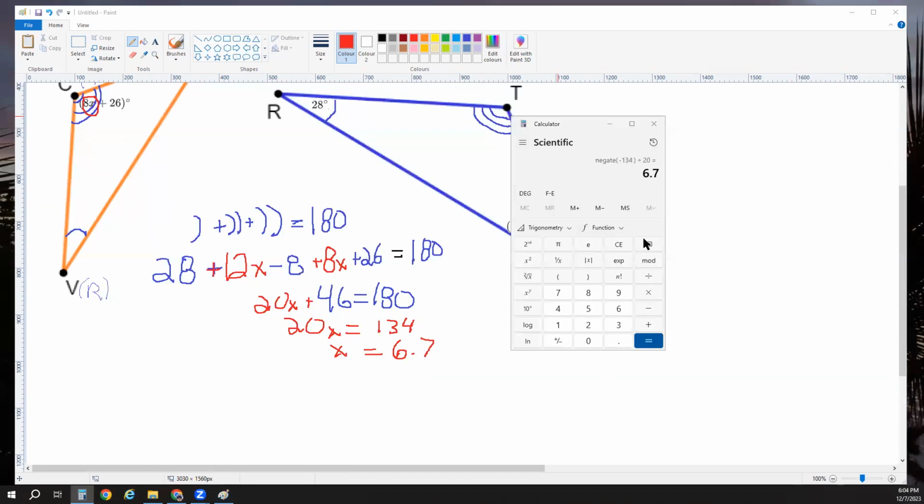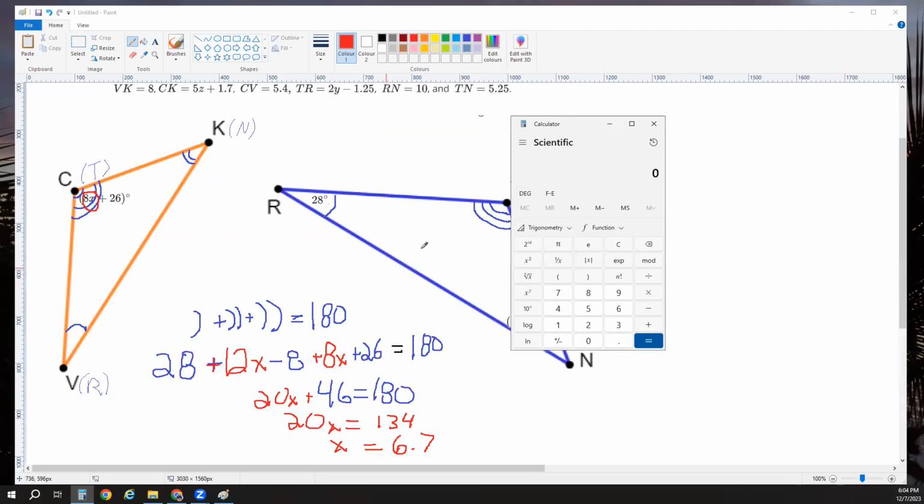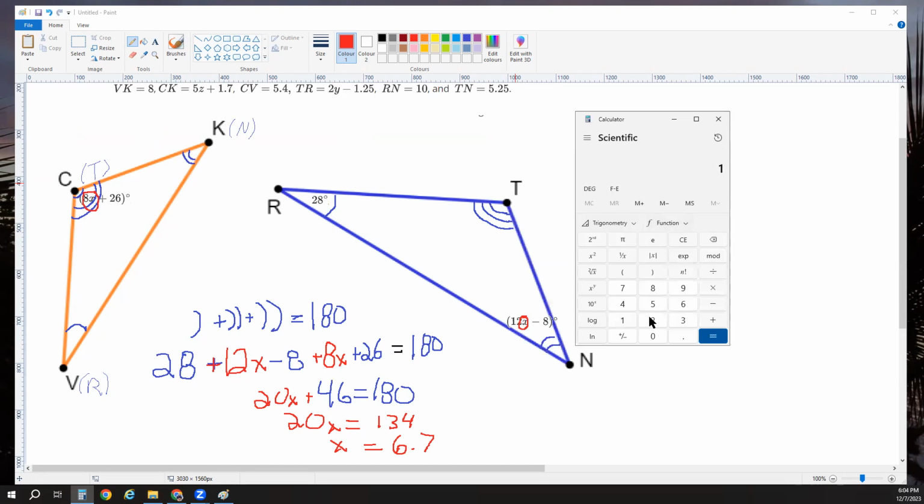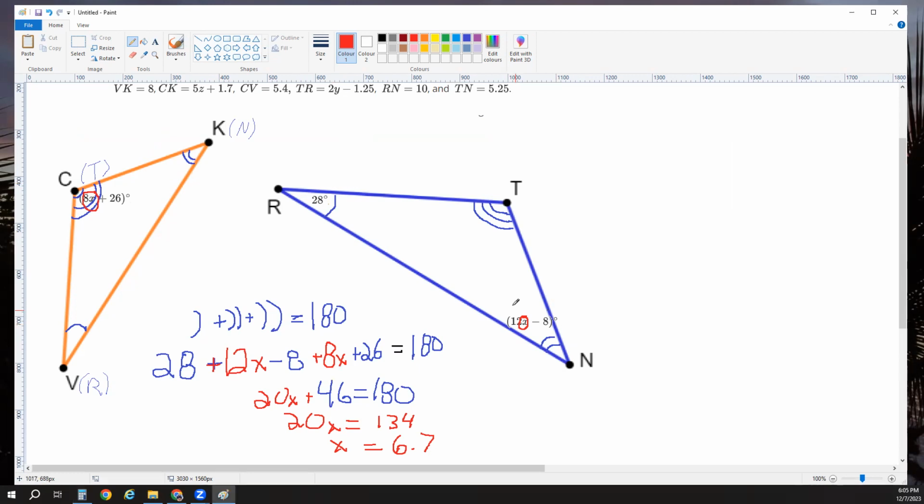And as always, double check to make sure you did it right. So 12 times 6.7 minus 8 equals 72.4.